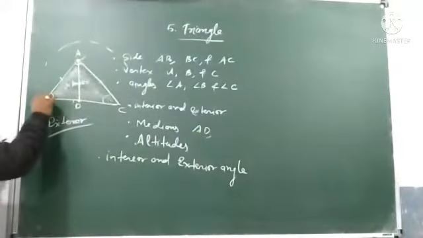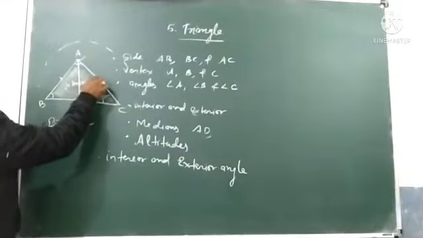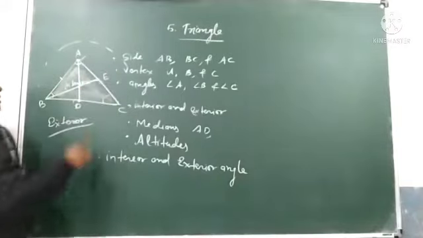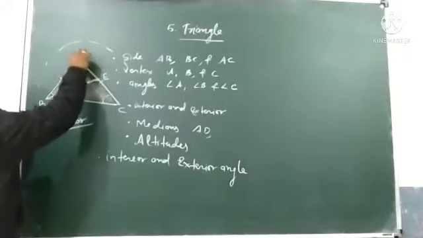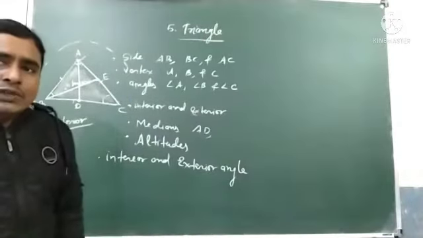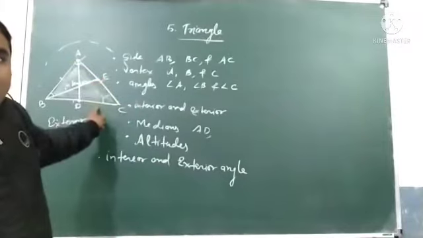Again, you can draw a median from vertex B to the opposite side AC. Suppose this is BE, where E is the midpoint of AC. As I told you, a median is a line drawn from a vertex of a triangle to the opposite side.